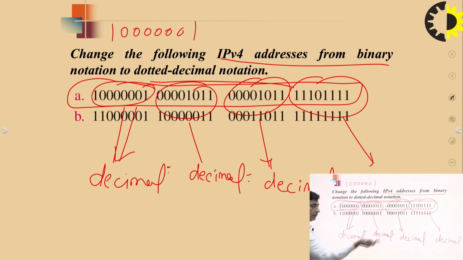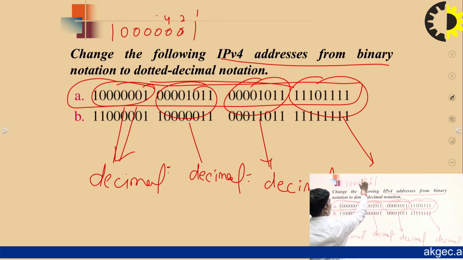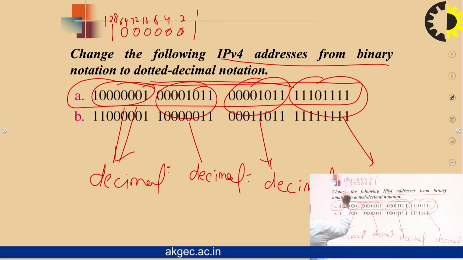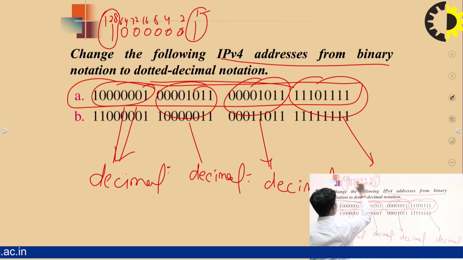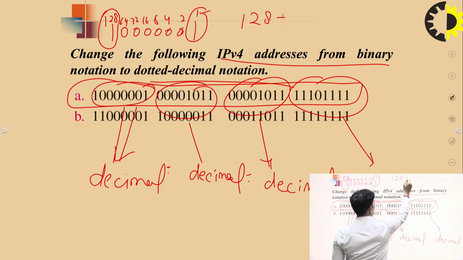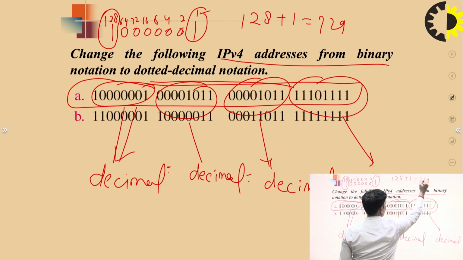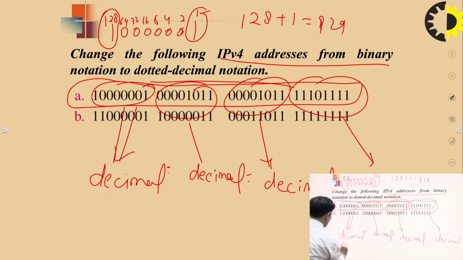By assigning the weights you can easily identify: 1, 2, 4, 8, 16, 32, 64, 128. Which weights are present here? The leading 1 means 128, and the other 1 means 1. So the value is 128 plus 1, 129. So this is 129 in decimal.